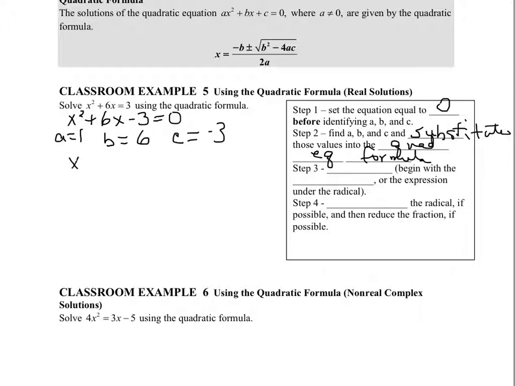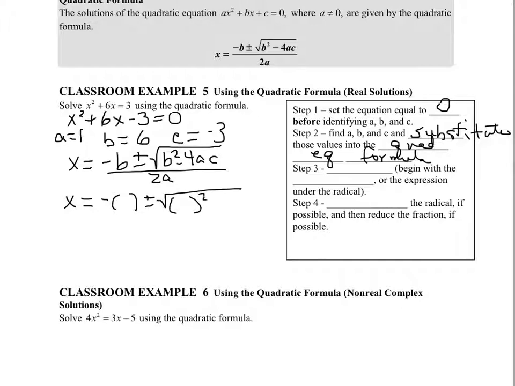So the formula is x equals negative b plus or minus the square root of b squared minus 4ac, all of it over 2a. Now, my recommendation is, before you try to evaluate this, I would put parentheses everywhere you had a variable, and then you can plug in those values that you found.